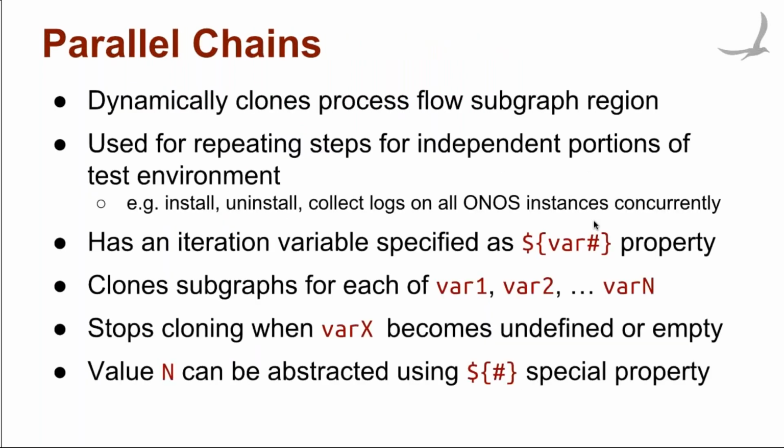Next, the parallel chain. Basically, you can define a sequence of steps, and then you can repeat it in parallel. You can repeat subgraphs. We use this, for example, to define an ignition sequence for a single node in a cluster, and then we can repeat it for every node in the cluster.